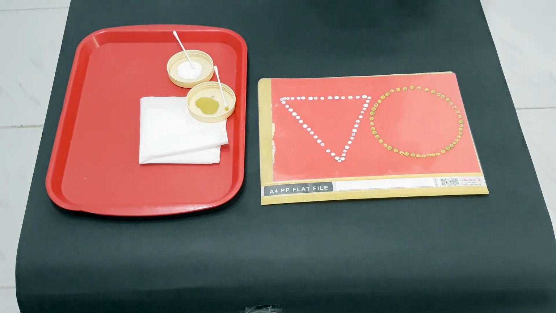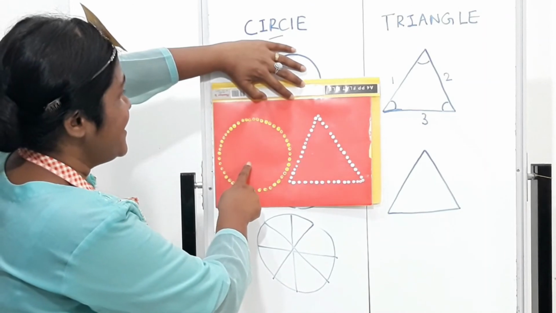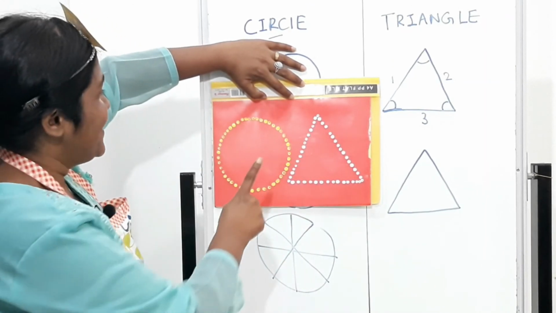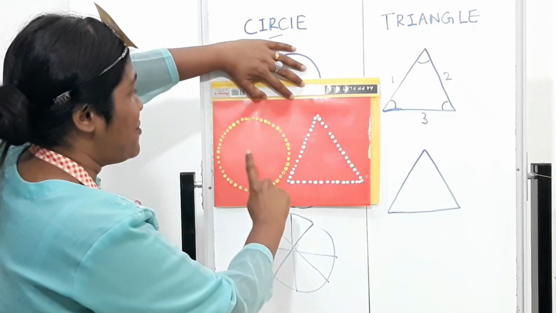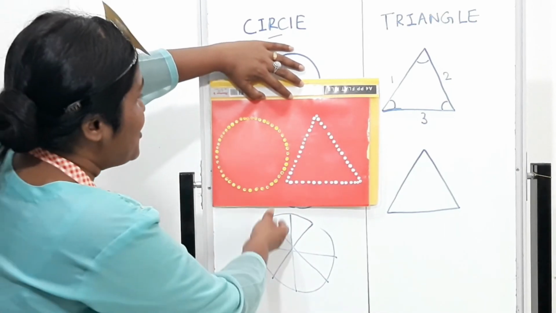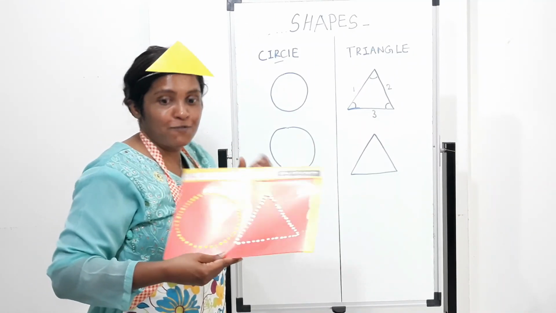And my dear children, I have to tell you something. Yes, this is circle and this is triangle. So it's a very fun activity you can do at home. And one more thing, after finishing this activity, you can wipe this, because you can use this for all the activities.